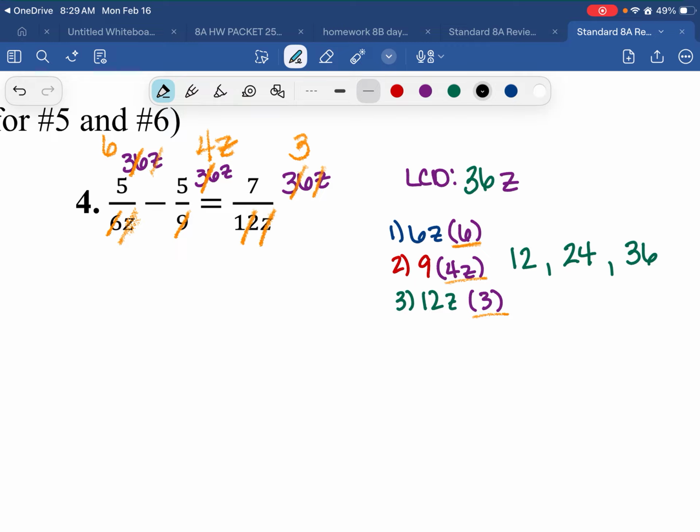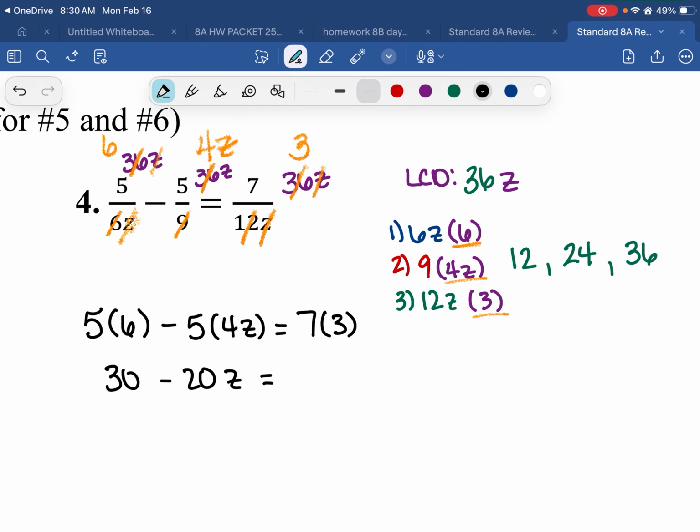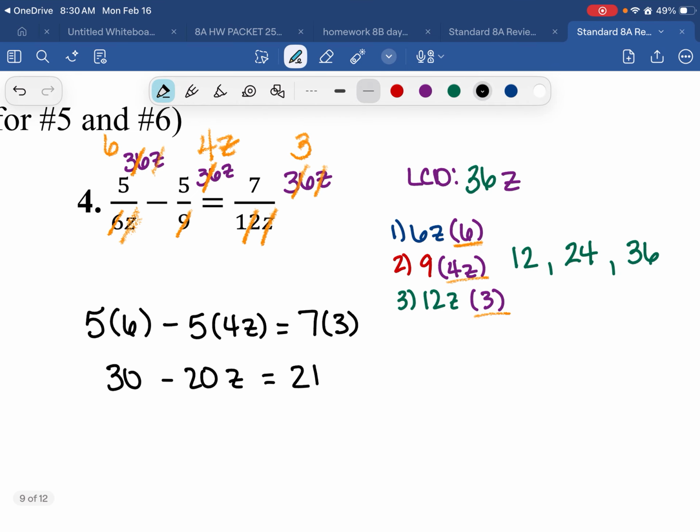So I'm going to take the original problem times what's left over. I have 5 times 6 minus 5 times 4Z equals 7 times 3. So I get 30 minus 20Z equals 21. Combine like terms, so minus 30 minus 30.